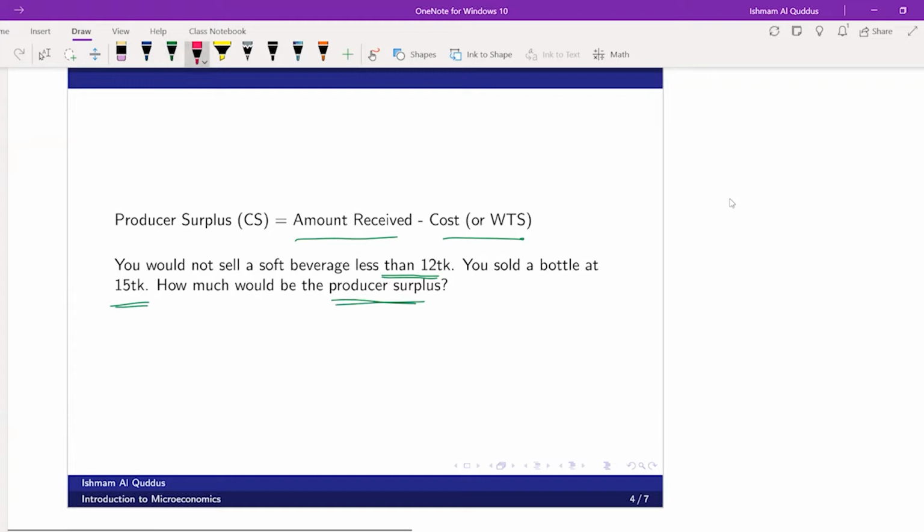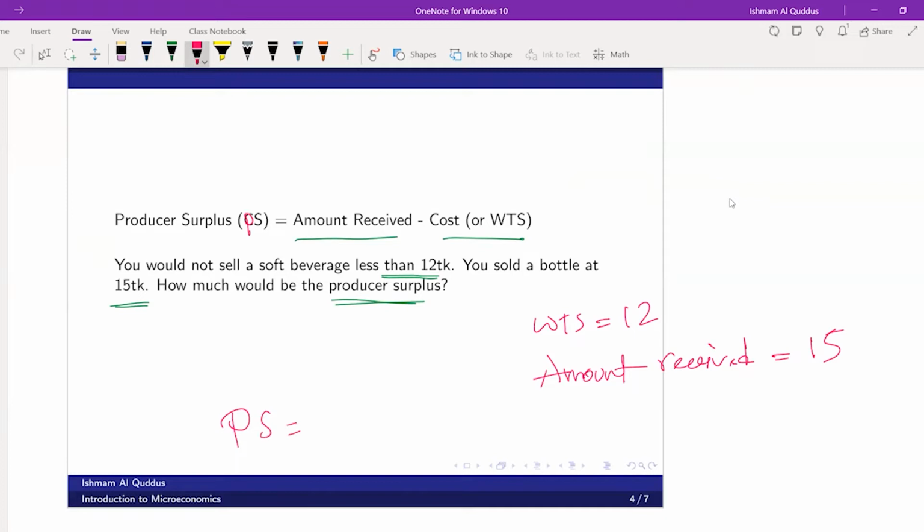So what is your cost or WTS? Its WTS is 12, and the amount received is 15. So your producer surplus, this would be PS, would be 15 minus 12, 3 taka.